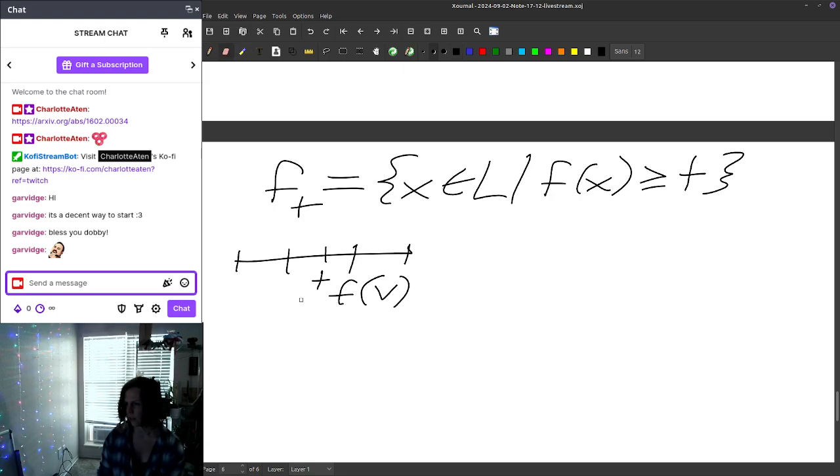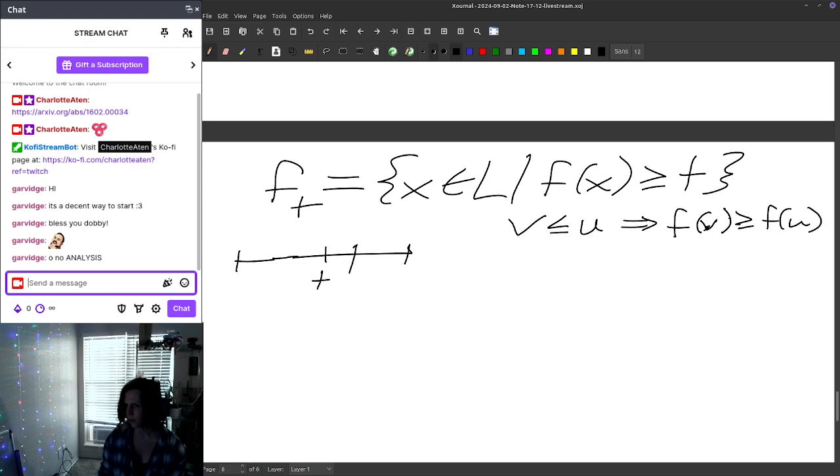So let's do something slightly different instead. I realized how I want to do this now. So let's say we want to look at some f sub t, and our goal is to use the condition that we know, which is that v is less than or equal to u implies that f of v is greater than or equal to f of u, in order to see if that's enough for us.